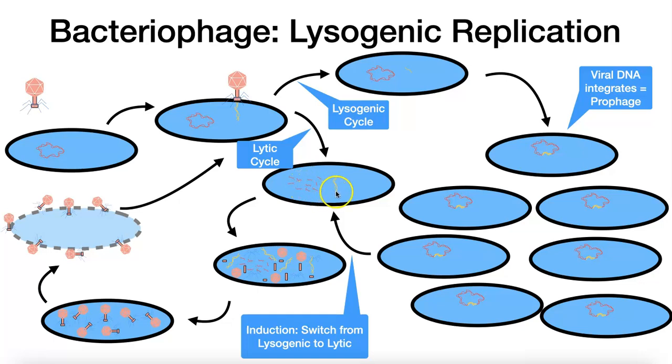And so that viral DNA can be used to, again, make viral parts, that synthesis, and then assemble those parts into infectious viral particles, the bacteriophage, and then the cell will lyse.